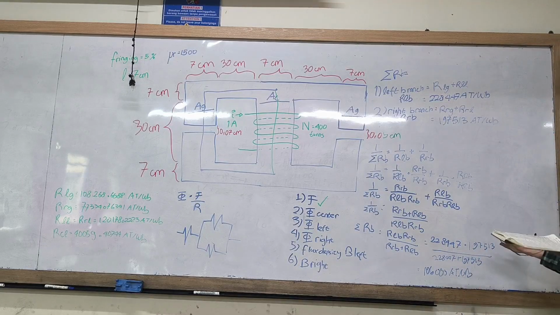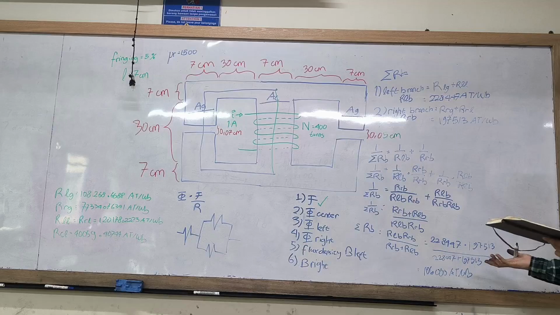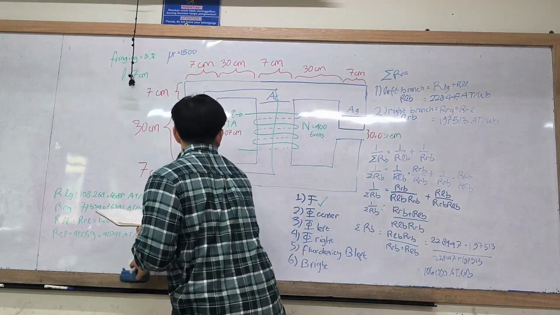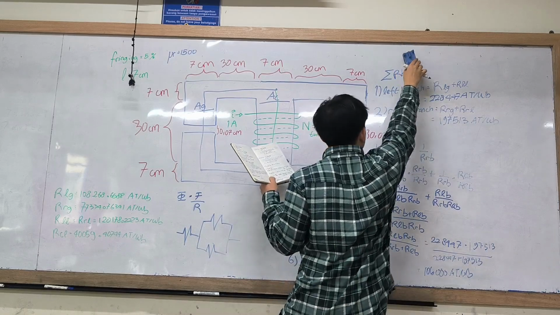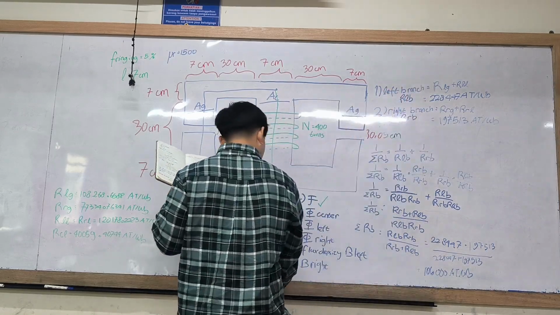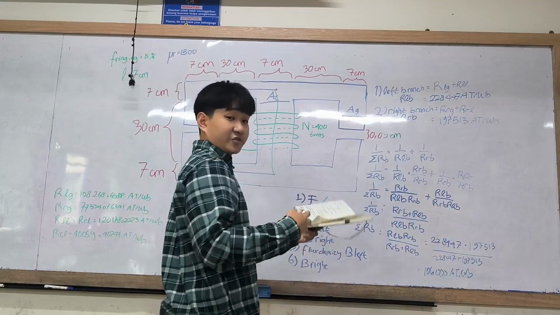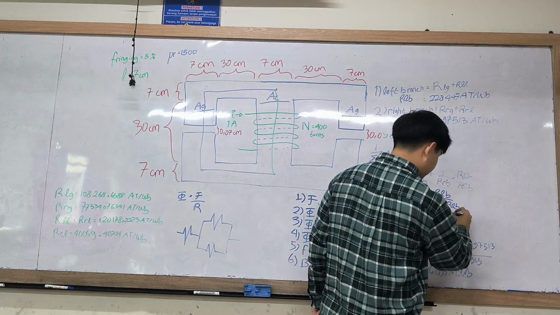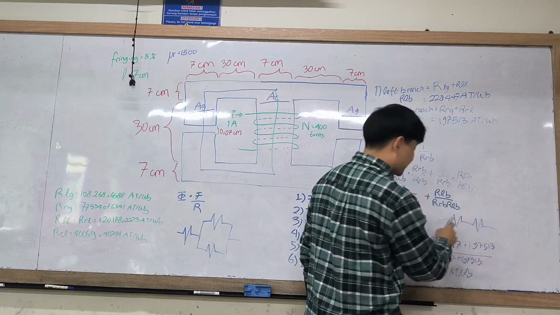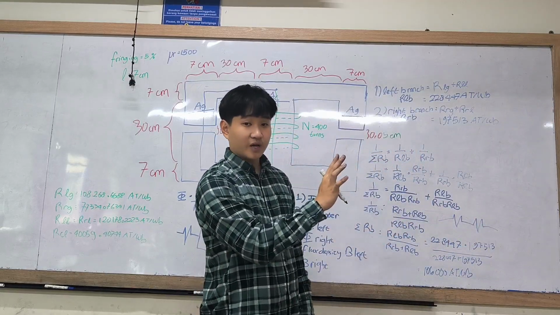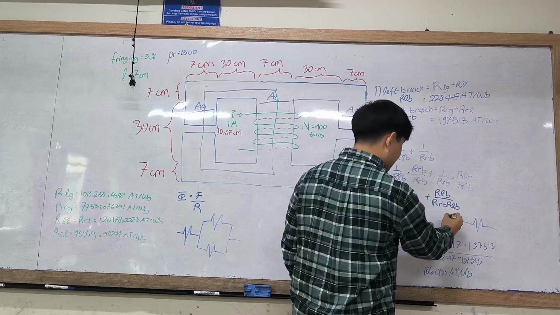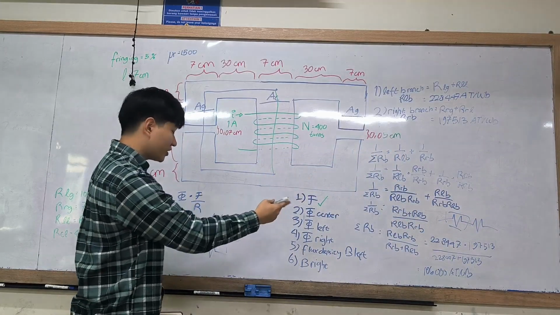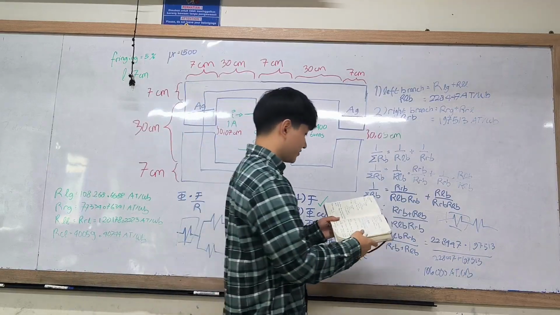Thus, we have found the reluctance of the parallel branch, and now to find the total reluctance, we just have to add this to this, because as you can see after we use this parallel formula, it basically just makes it look like this. And if it's already series, we just have to add both of them. This one is this one, and the other one is the merge of these two.